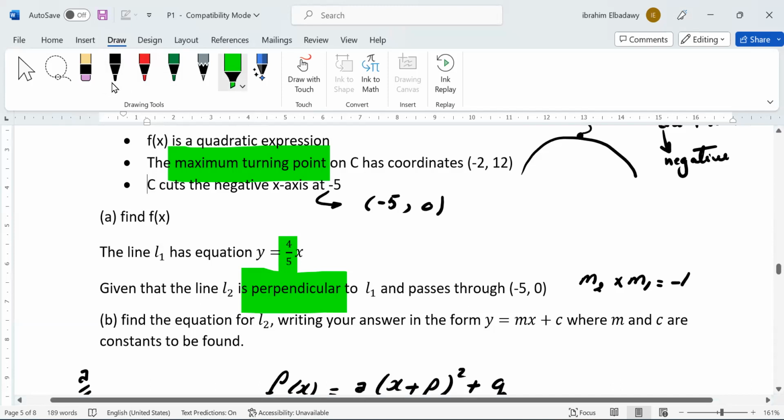Okay, what he needs in this question: find the equation of L2, writing your answer in the form y equal to mx plus c, where m and c are constants to be found. Okay, underline to be found. I will tell you why I put a line under to be found.